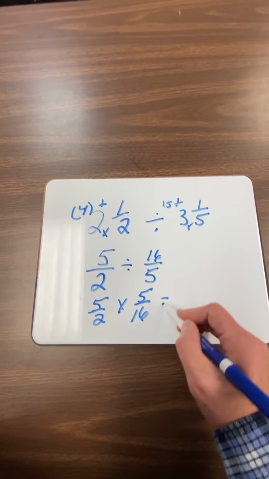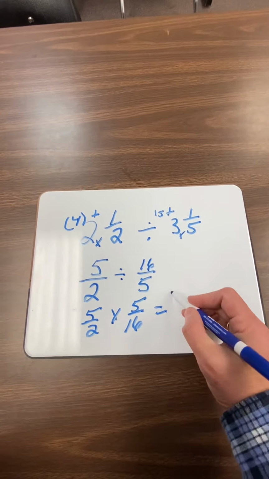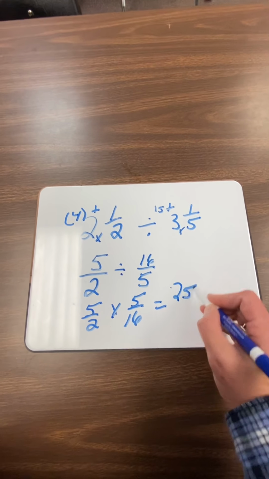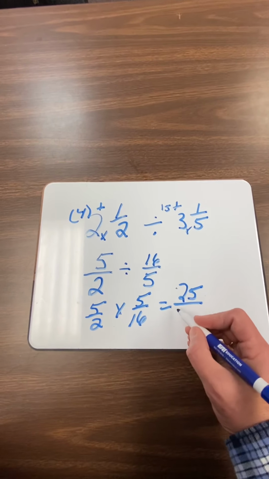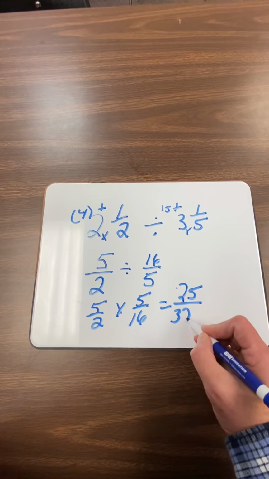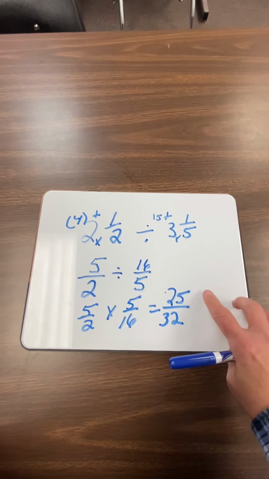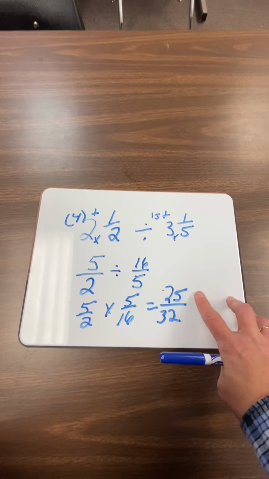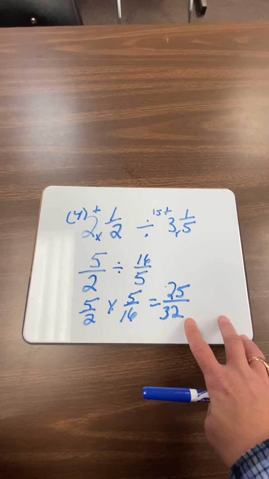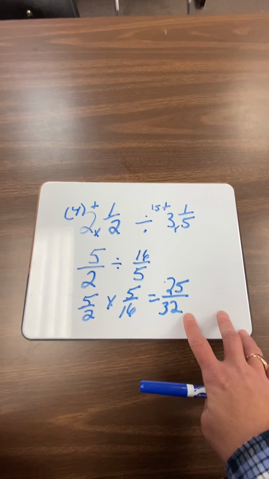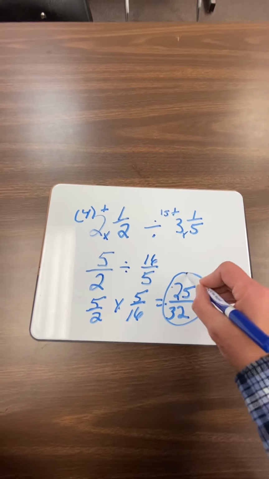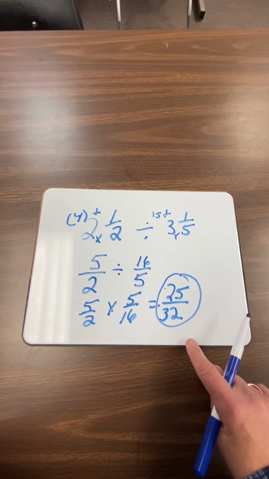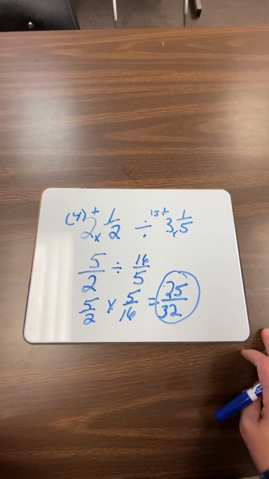So now, 5 times 5 is 25. 2 times 16 is 32. Nothing can go into 25 except 1, 5, and 25. The only one that can go into 32 is 1, so that tells us it's in simplest form. So you do not have to reduce it. So 25 over 32 would be your answer.